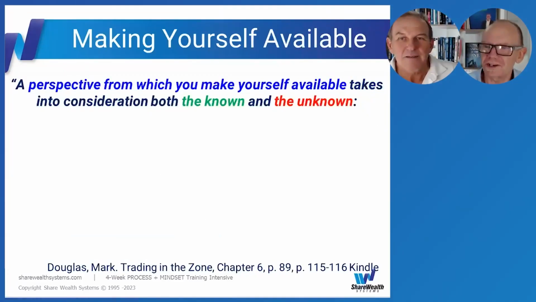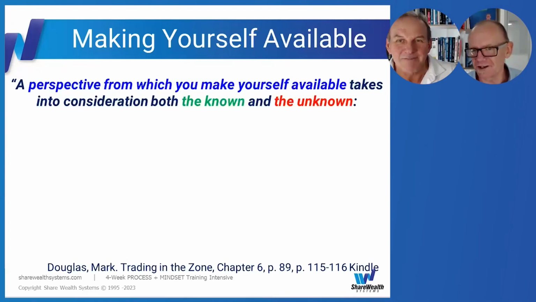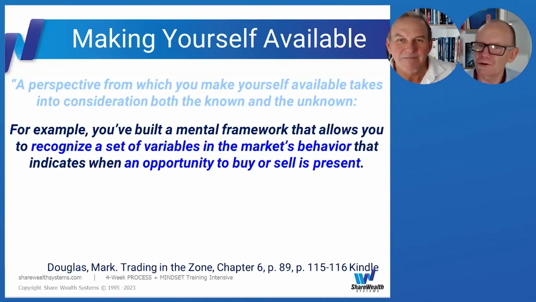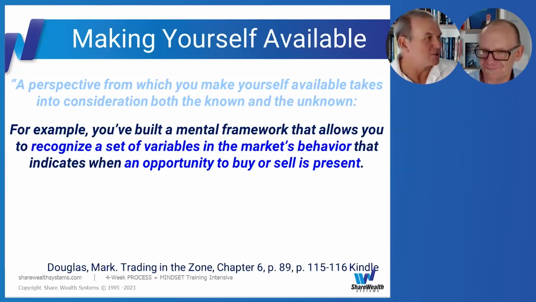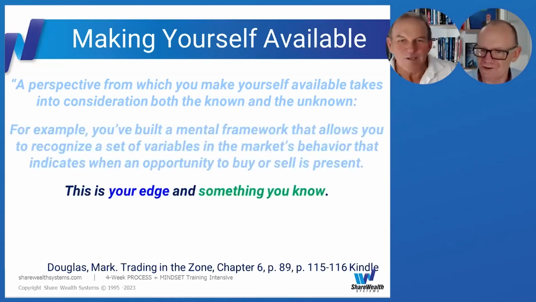The perspective from which you make yourself available takes into consideration both the known and the unknown. For example, you've built a mental framework that allows you to recognize a set of variables in the market's behavior that indicates when an opportunity to buy or sell is present. That's our edge. That's our flow. This is your edge and something you know. So the point we're trying to make here is that you have to have some trust in your edge.